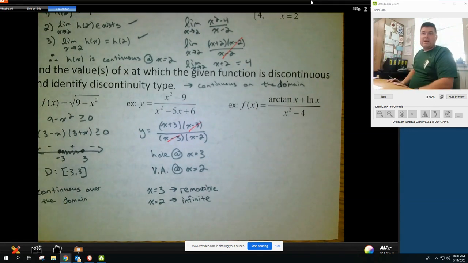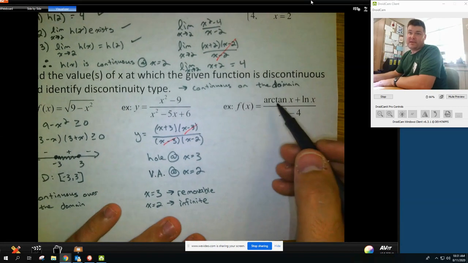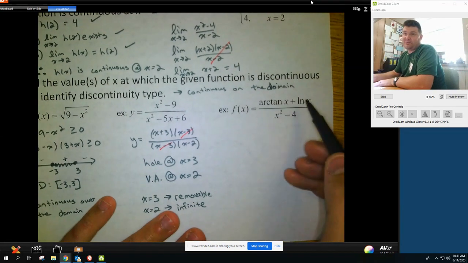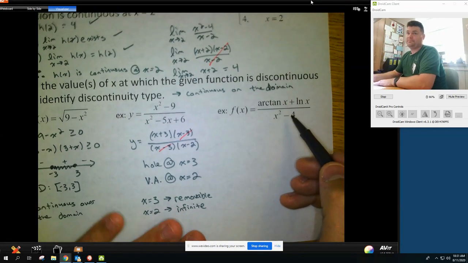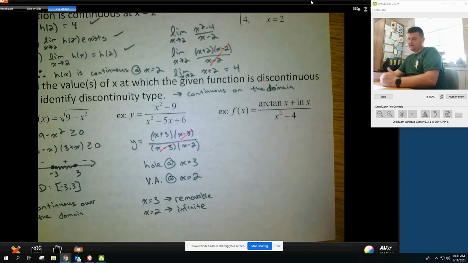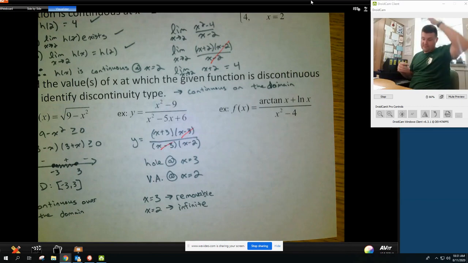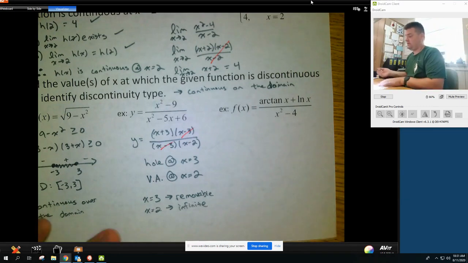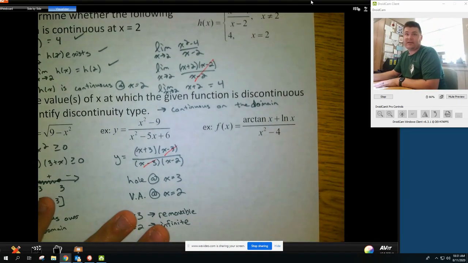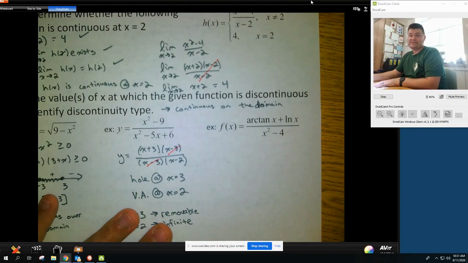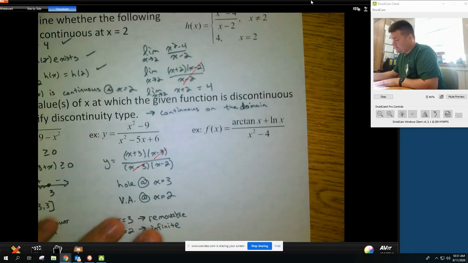Okie dokie. Last one has a lot of weird functions on it that I'm hoping you remember how to graph. So for the domain, we actually have to check on the domain of each individual term, because this one gets a little wacky, and make sure that the domain is good. And then our overall domain is going to be our overlapping domain. So like for arctan, if you don't remember what that looks like, something called the Google out there.